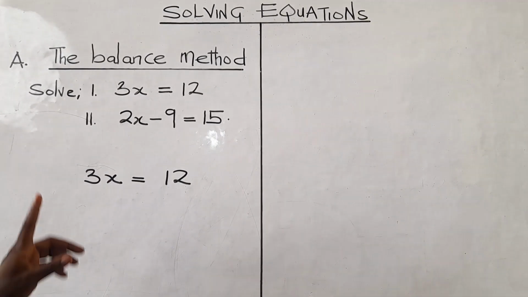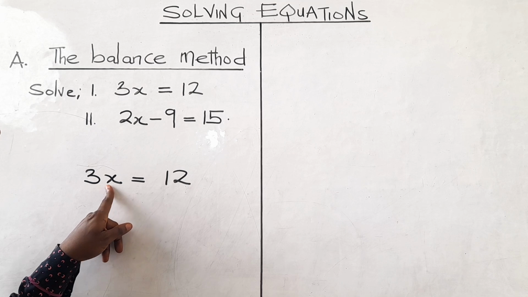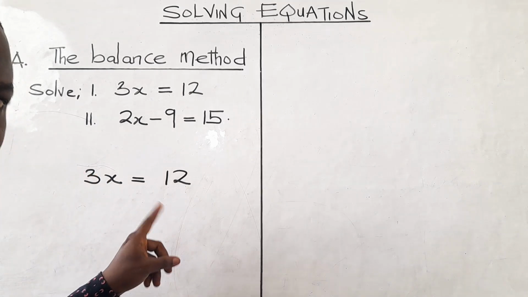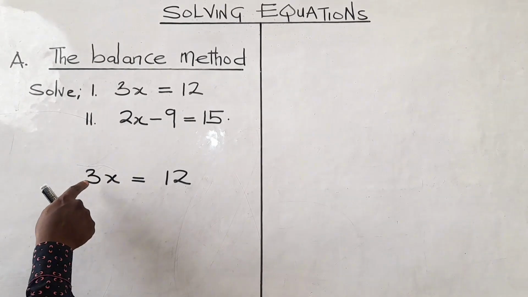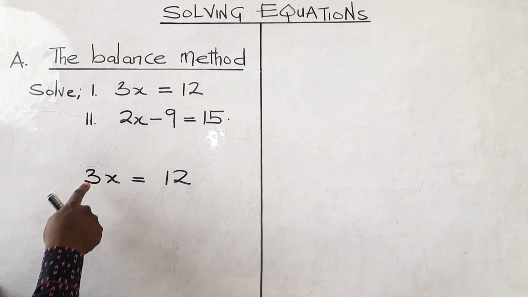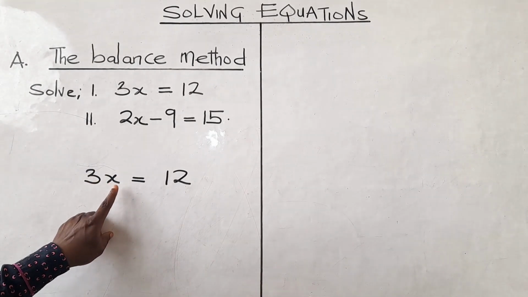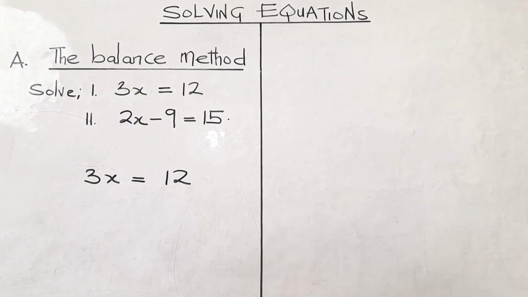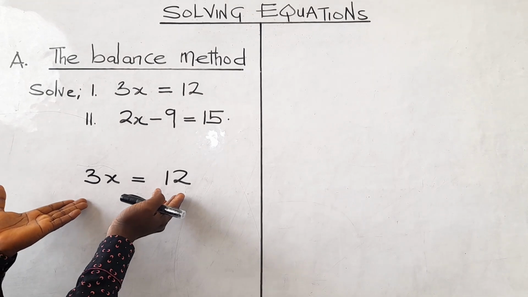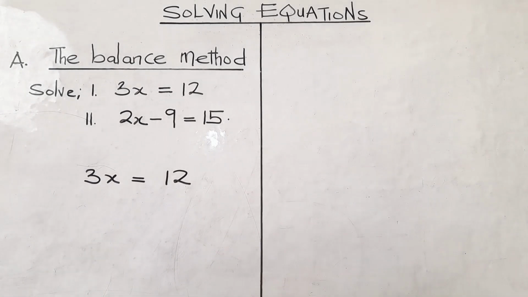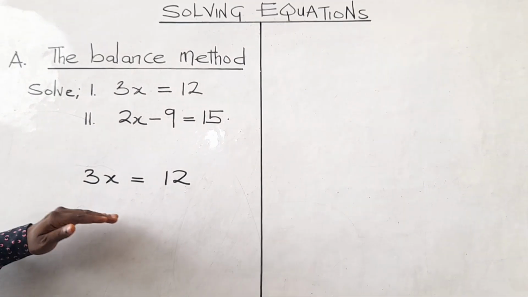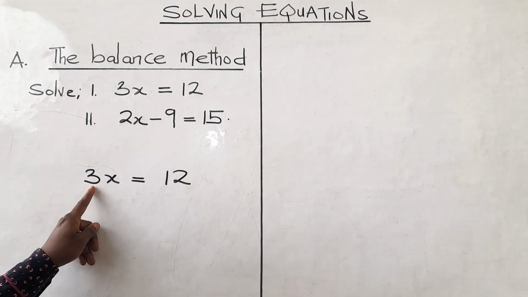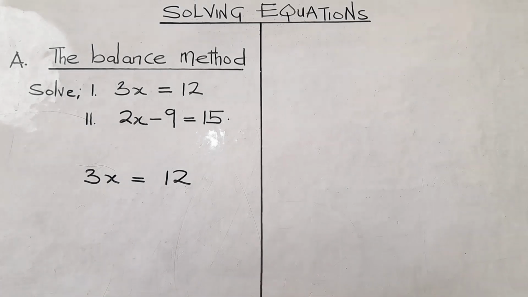Here, the number in front of the variable is called the coefficient of that variable. So the coefficient of x is 3 because 3 is in front of x. Now, what do we do to break them down? To make them equal, we divide both sides by the coefficient of x, which is 3.